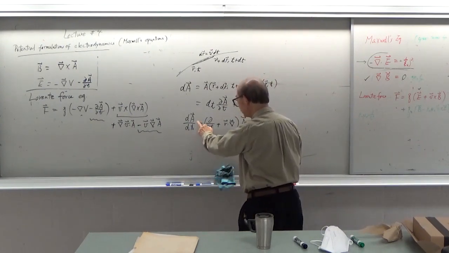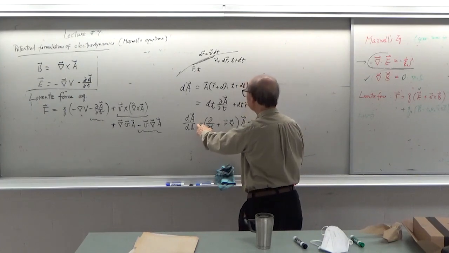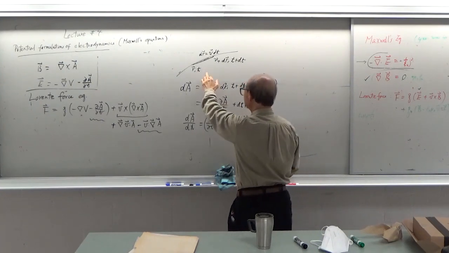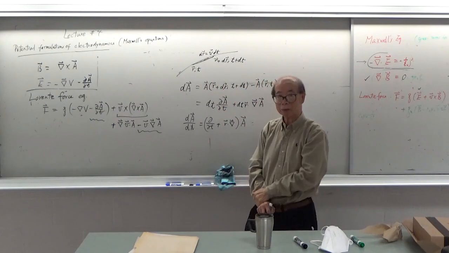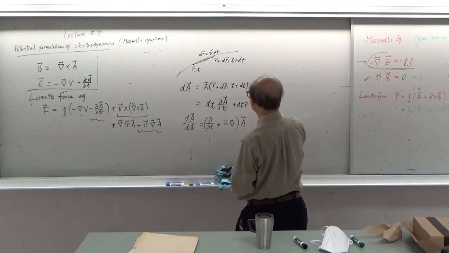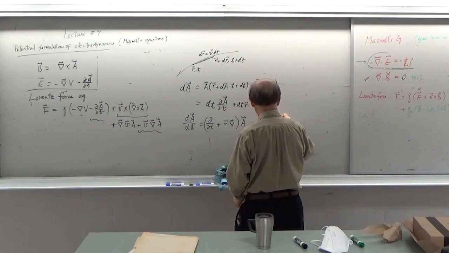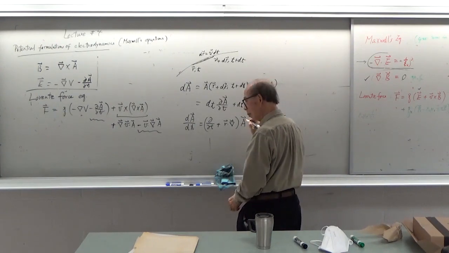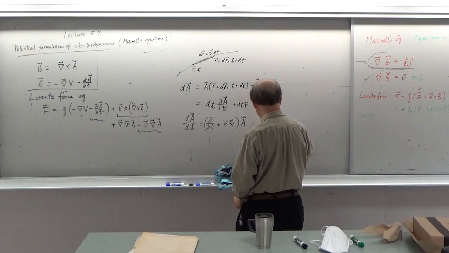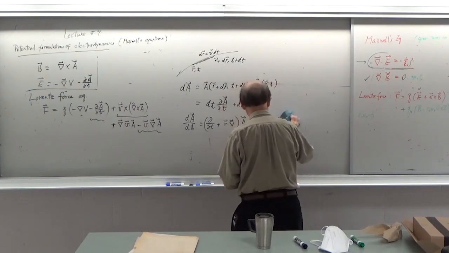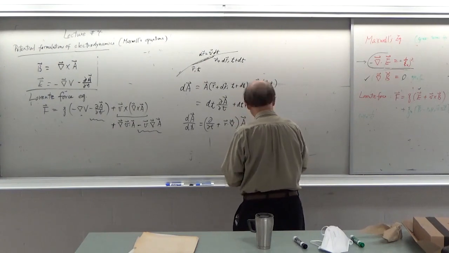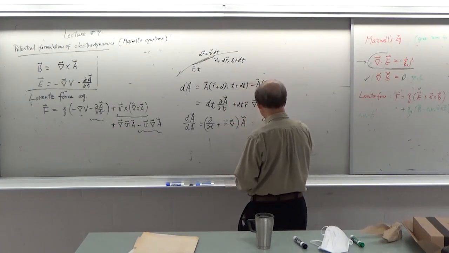This kind of derivative, referring to taking derivatives at the location of the particle, is known as the convective derivative.